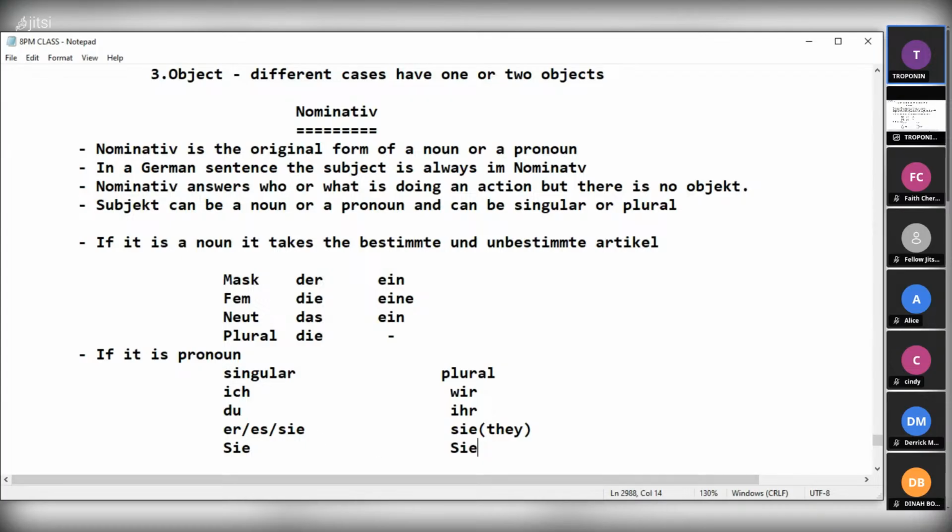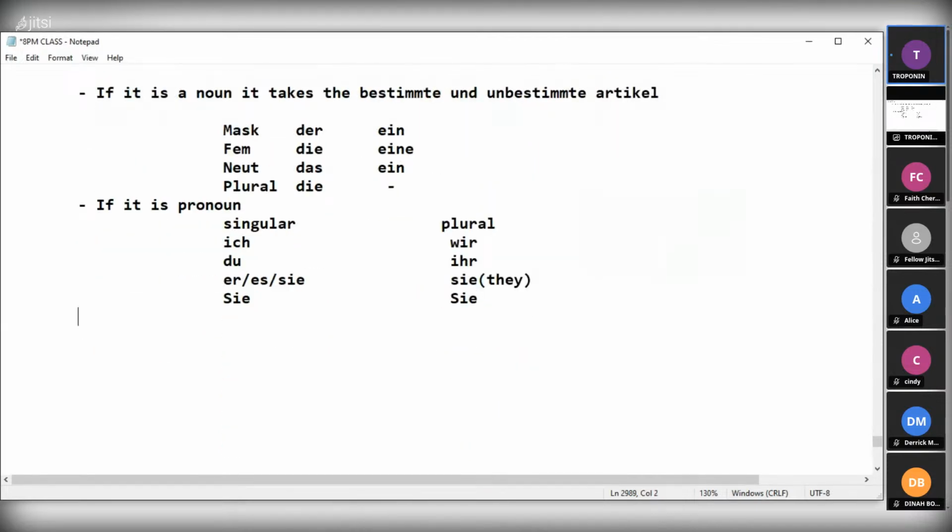So now we want to say that it answers what is doing an action, but there's no object. So what or who? So we had already said it answers what or who.